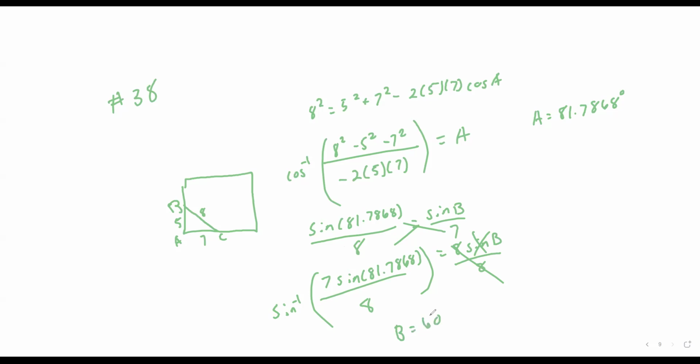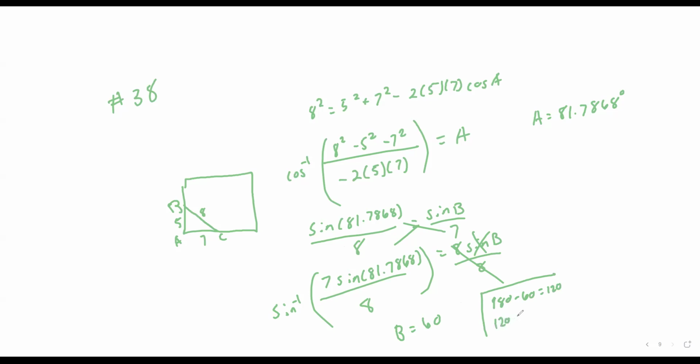But remember what we have to check. We have to take 60 and subtract it from 180. So here's your side work: 180 minus 60 equals 120. I then have to take this number and add it to the other known angle.